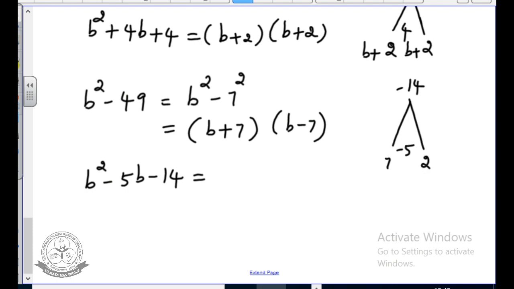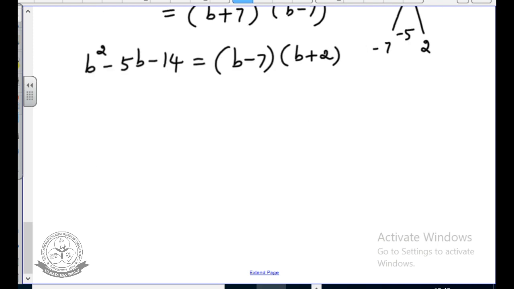If suppose we are having minus in the addition term and the multiplication term, both, we should take the minus on the greater number. If we multiply these two, we will get minus 14. Add these two, we will get minus 5. The variable is b. So here the terms are b minus 7 into b plus 2.